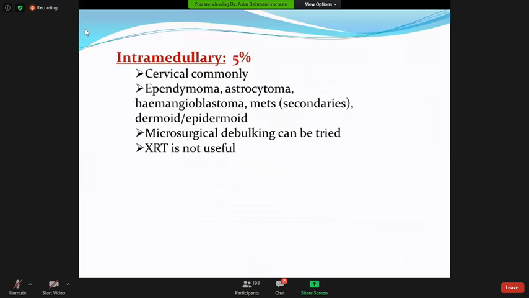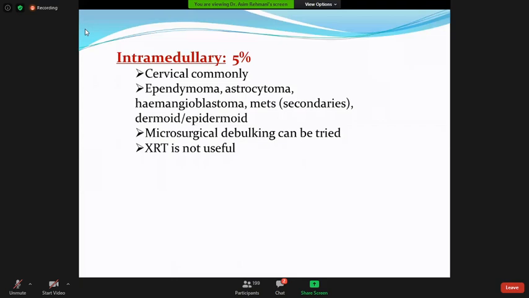Intramedullary lesions are very rare, commonly found in the cervical region. The most common are ependymoma and astrocytoma, followed by hemangioblastoma. The benign category is dermoid and epidermoid, which can be found along the course of the spinal cord or the conus medullaris.